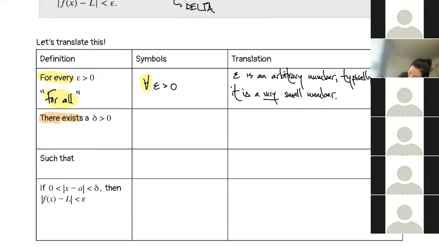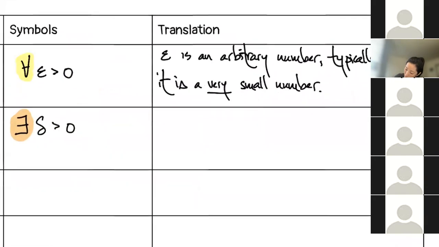There exists a delta greater than 0. We write that as a backwards capital E. So for every epsilon greater than 0, there exists a delta greater than 0. Now let's talk about delta. Delta is an arbitrary number.